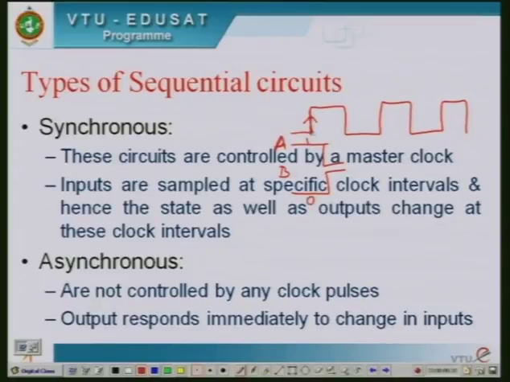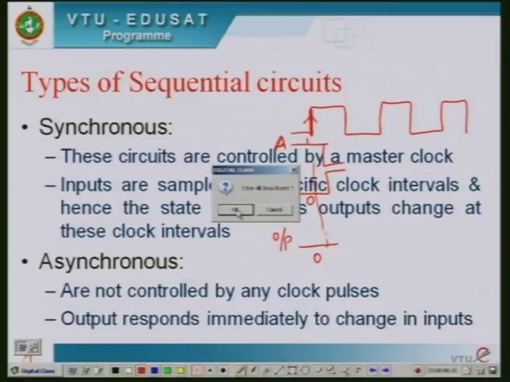These values are considered at this particular clock edge. So, at one particular clock edge, you consider the values of inputs, and the output will change at this particular time. If A is high and B is 0, maybe the output should remain in 0 state. This is the output. It is taking the sample exactly at this clock interval. The values of inputs are taken and the output changes state. It remains in 0 state.